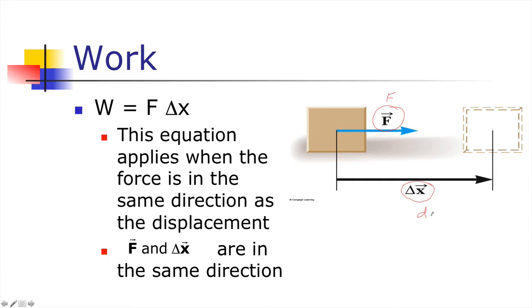In this scenario, what you need to pay attention to is that the force and the distance are in the same direction. As a result, the amount of work done is equivalent to the amount of force that you constantly apply throughout the trip, multiplied by the distance. Okay, so work done is equivalent to force times distance.